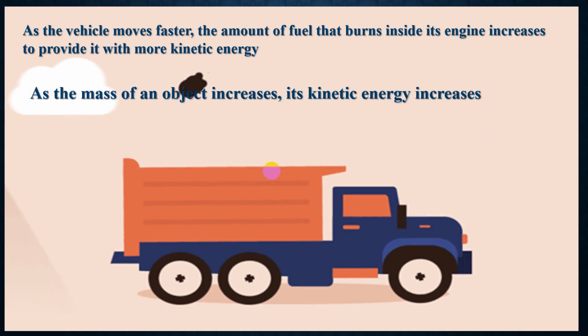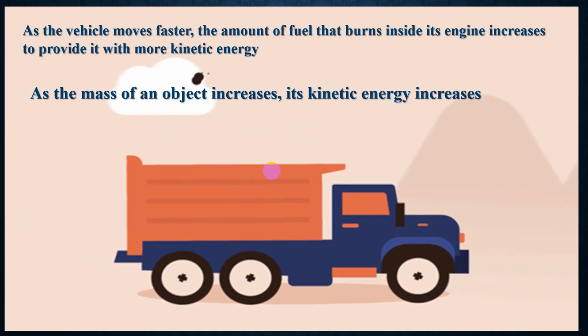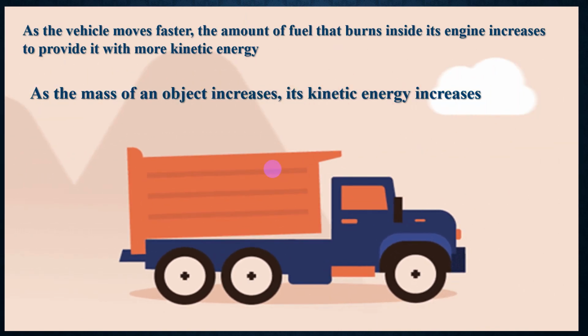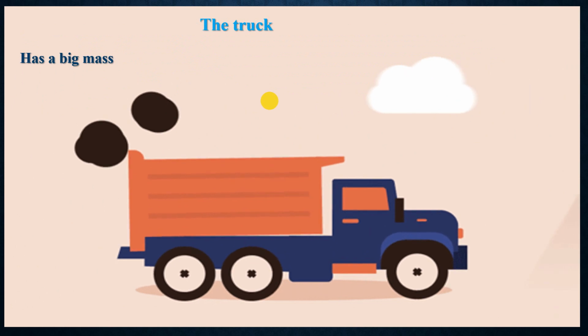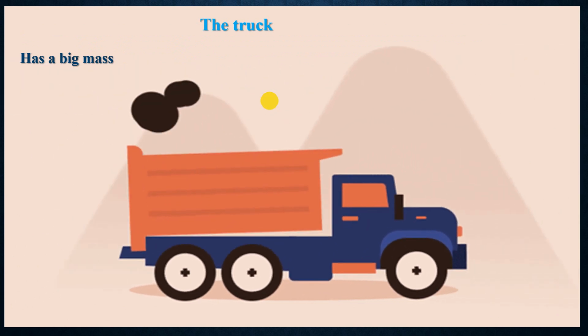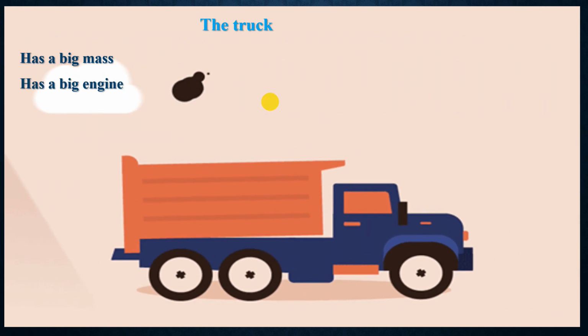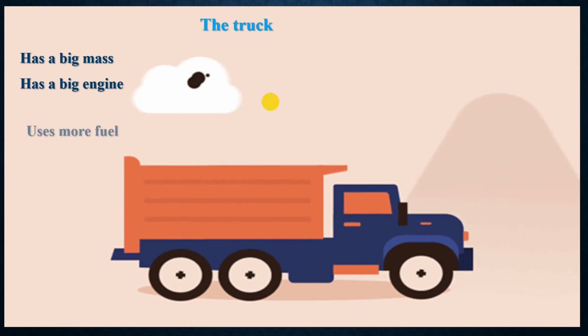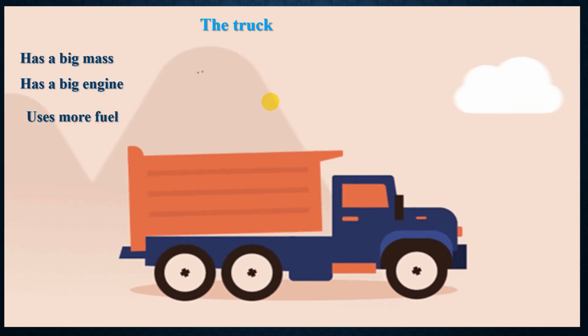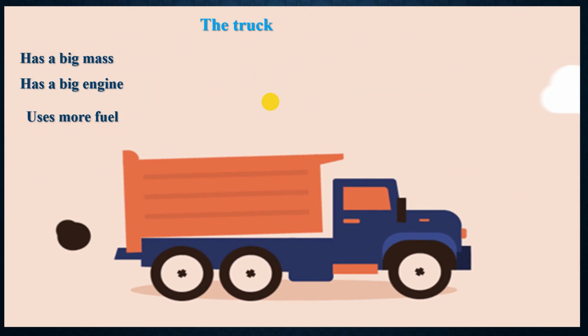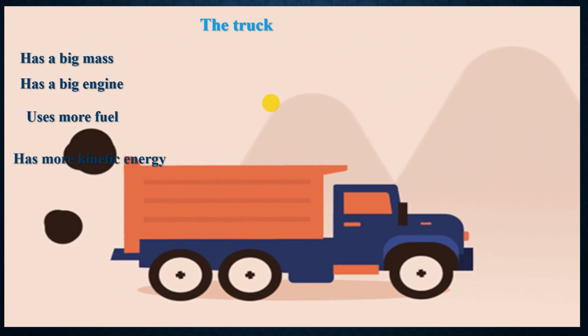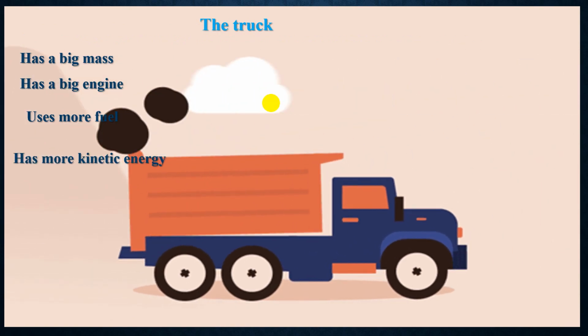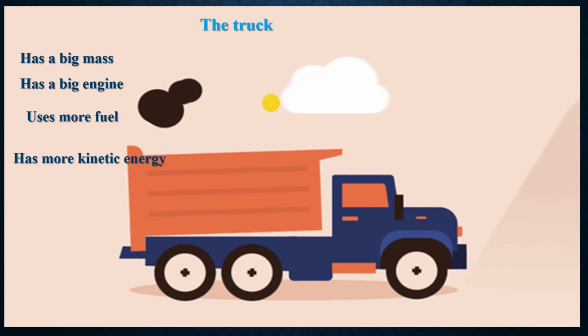As the mass of an object increases, its kinetic energy increases. So, at the end, the truck has a big mass, needs a big engine, needs more fuel to burn and get kinetic energy. So now this truck has more kinetic energy.